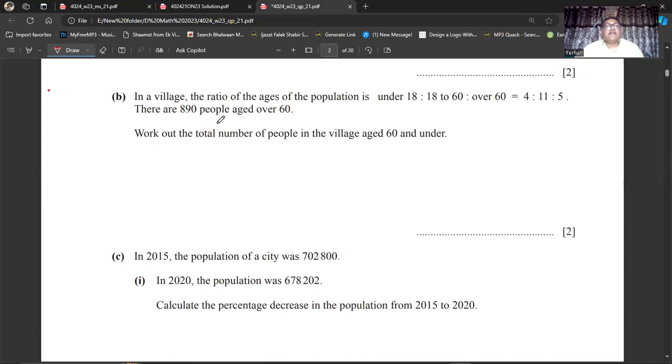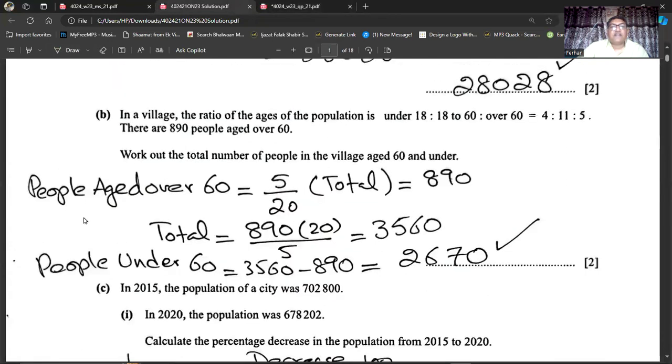There are 890 people aged over 60. So over 60 the ratio is 5. The sum of the ratio will be 20. Work out the total number of people in the village aged 60 and under. This is their question.